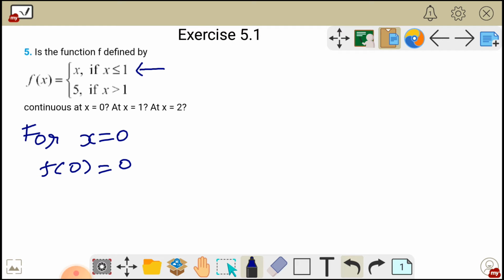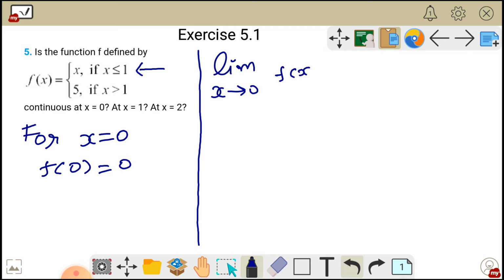So, limit x tends to 0 f of x is equal to limit x tends to 0. Now, what is f of x here? It is x. So, let me write x, and the limit of this function is 0.